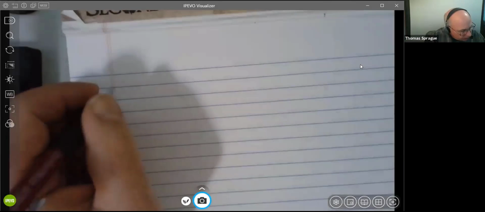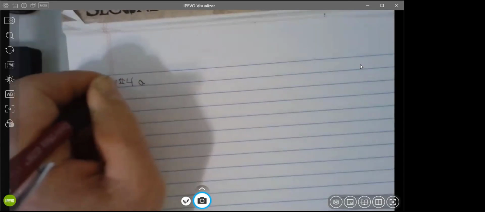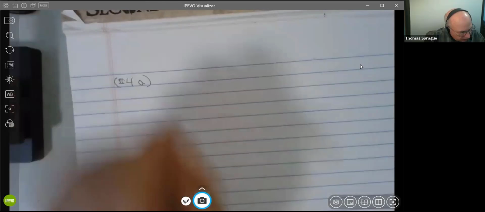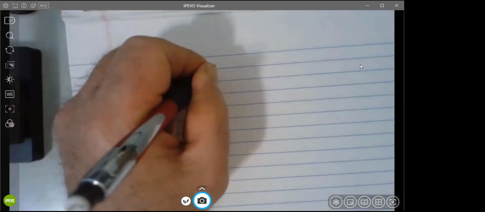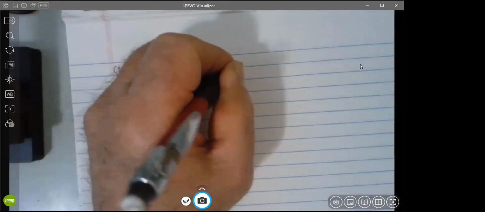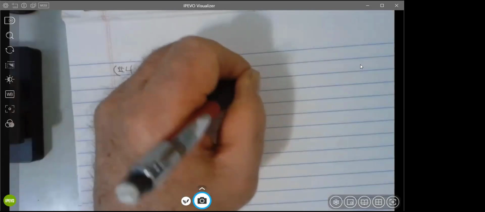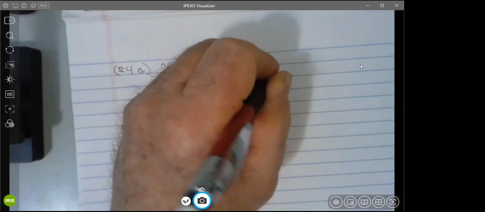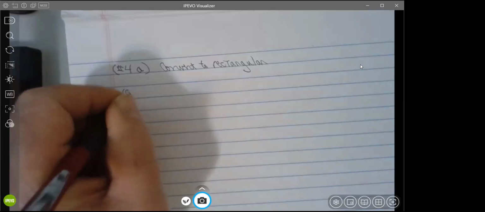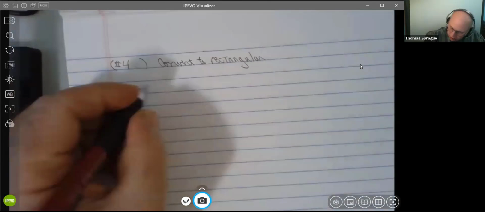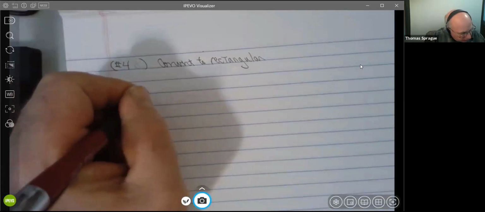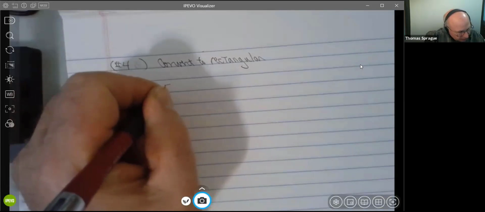So this is number 4. This is convert to polar, right? The other way around, convert to rectangular. Part A starts out this way, r equals 5.